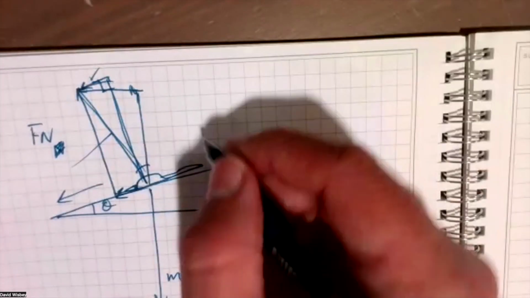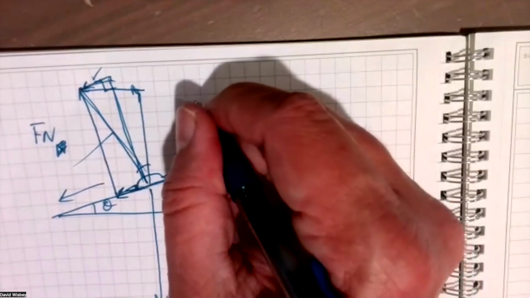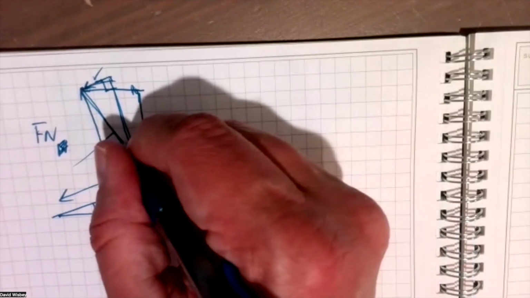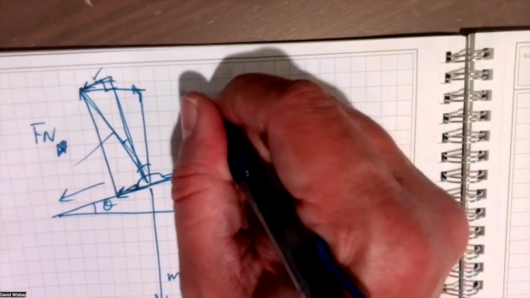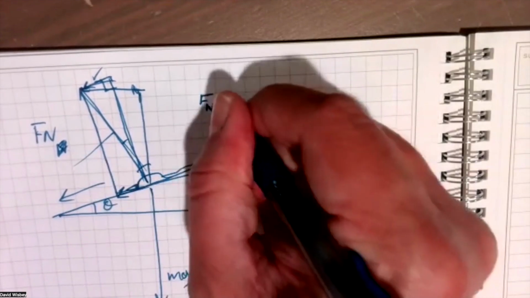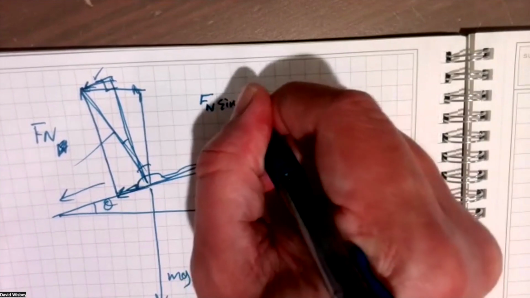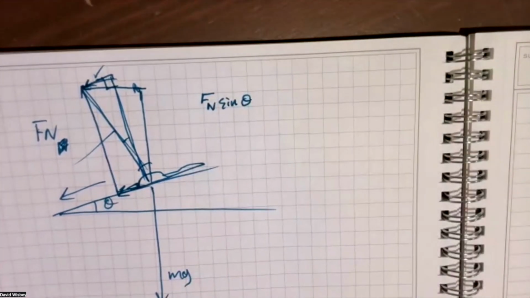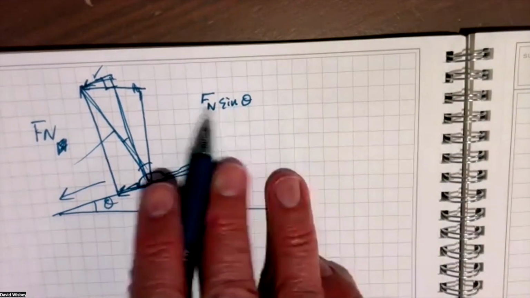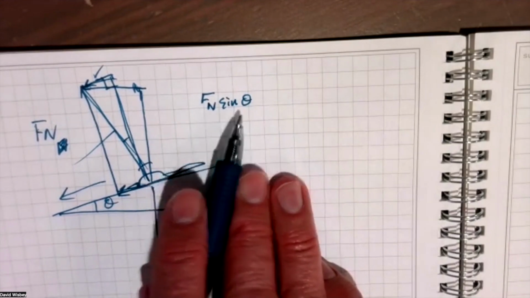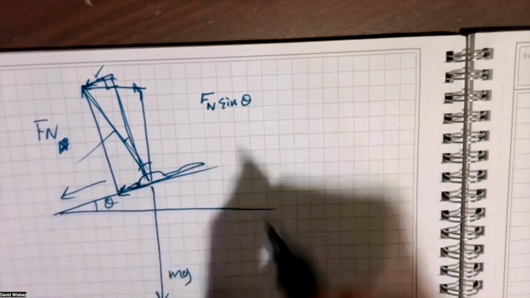Just like before, we're going to use the same triangle, and I'm going to say that F of n times sine of theta is going to be the force pulling me down the ramp.